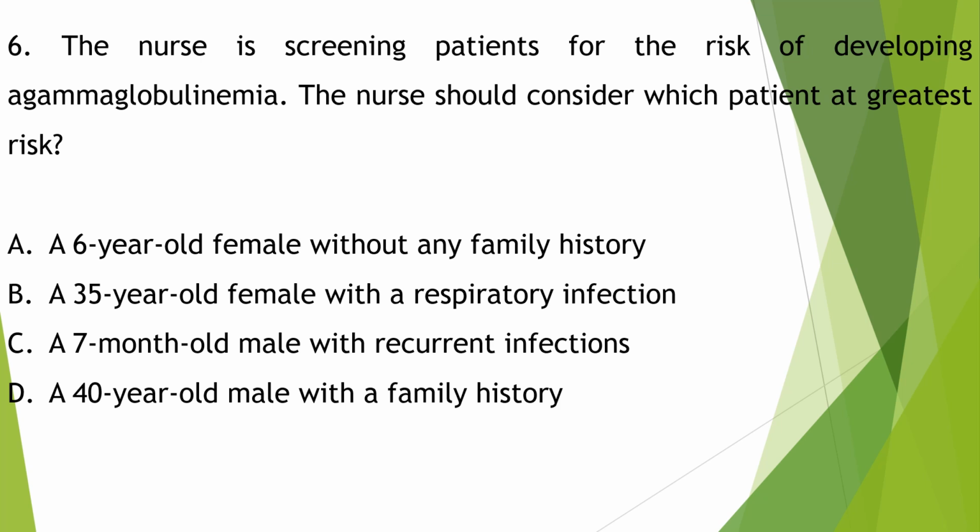Primary means it is present from birth. Until 6 months, the mother's antibody is ready to protect the child. There won't be many infections in the first 6 months, but later on there are more chances of infections for this particular child. So a 7-month-old male with recurrent infection is at risk for developing XLA, agammaglobulinemia. So screening should be done for that patient.